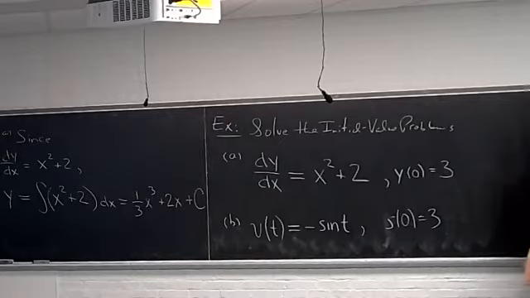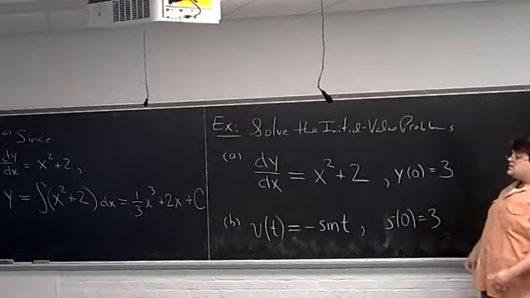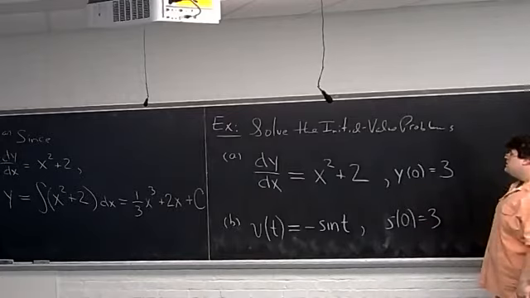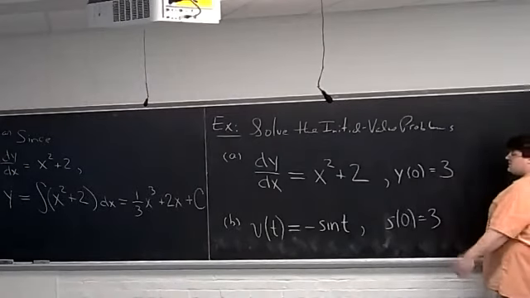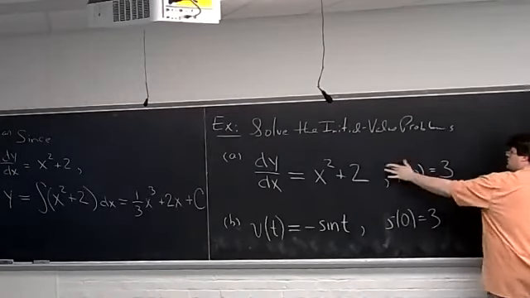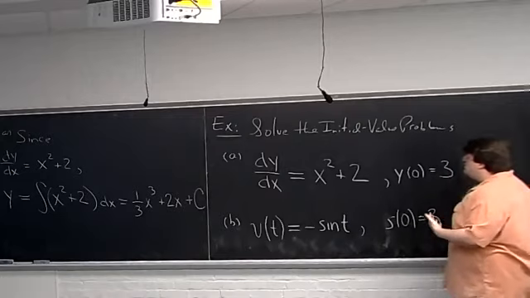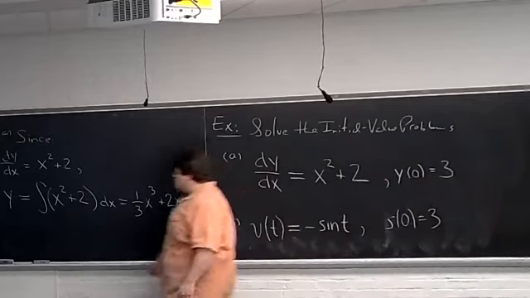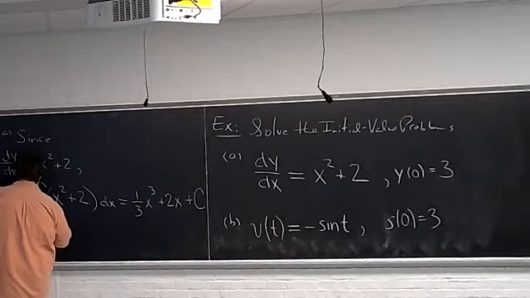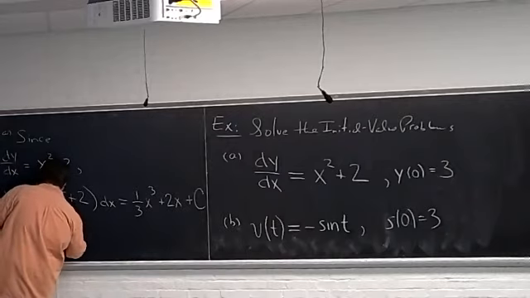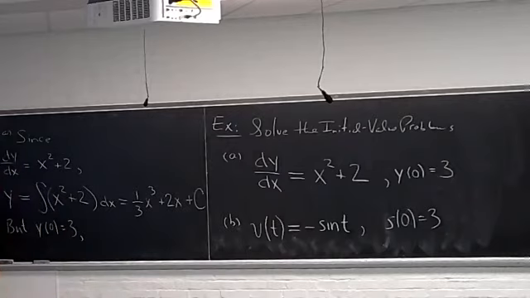But we can solve for a specific function y, meaning we can find a specific c value using this condition, y of 0 equals 3. What does that mean?